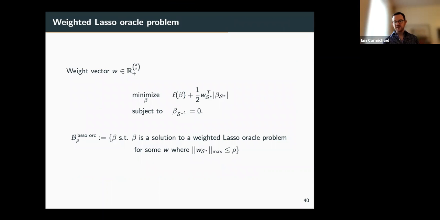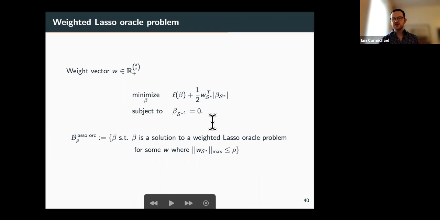Before we do that, I need to define one more concept, which is the solution set of weighted lasso problems where the weight vector is not too big. In other words, if you give me some weight vector W, I'm going to solve the following lasso oracle problem. It's a loss function plus a lasso term, and I'm going to constrain the between edges of the target graph to be 0.